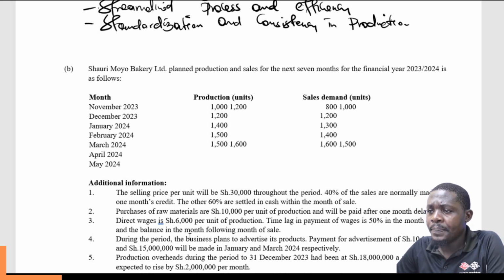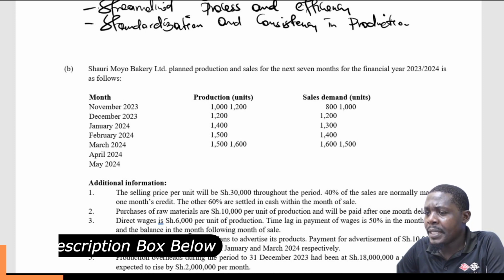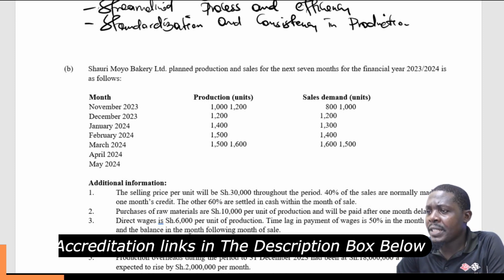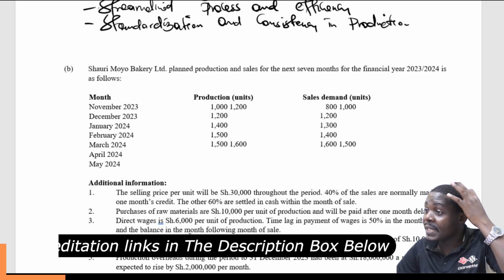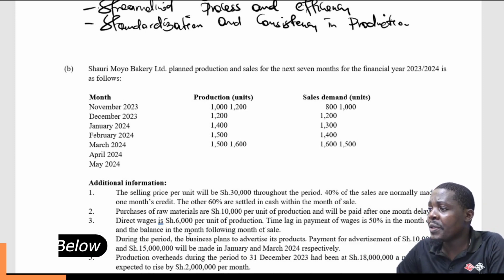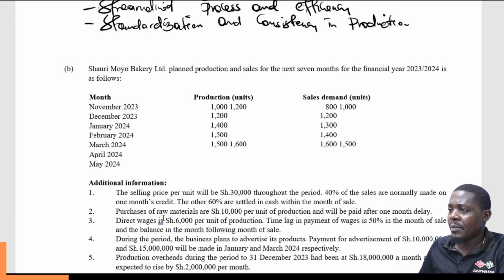Question number B. Shauri Moyo Bakery Limited manufactures planned production and sales for the next 7 months for the financial year 2023-2024 as follows.